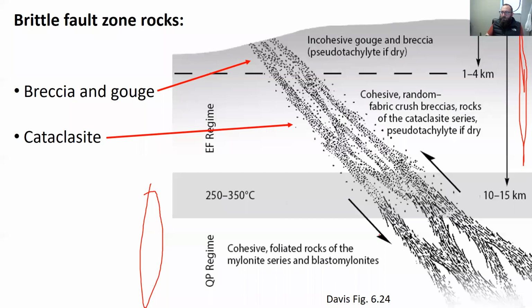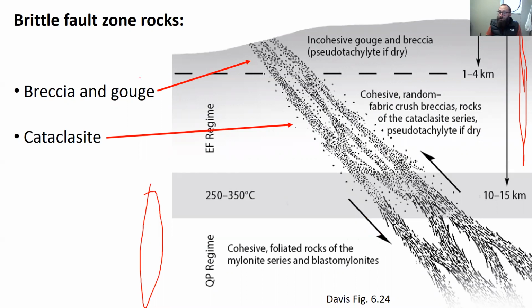Okay, so we can nicely summarize the environment in which these different fault rocks form on this conceptual cross-sectional diagram that should be on your screen. There are two basic regimes of fault rock production.